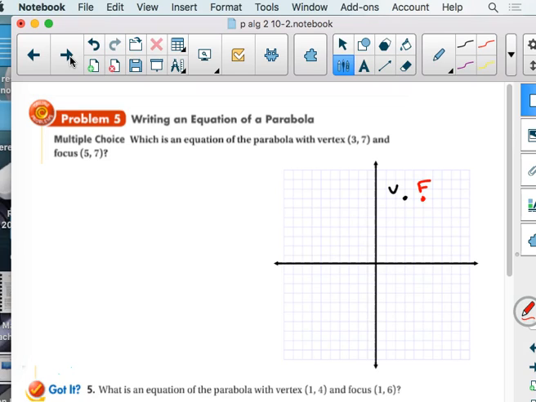That's a huge help. So this is supposed to be y minus k squared equals 4p times x minus h, because we always use y squared for right and left opening. Okay. H and k are the vertex. They already gave us those. So it should be y minus what? Be careful.